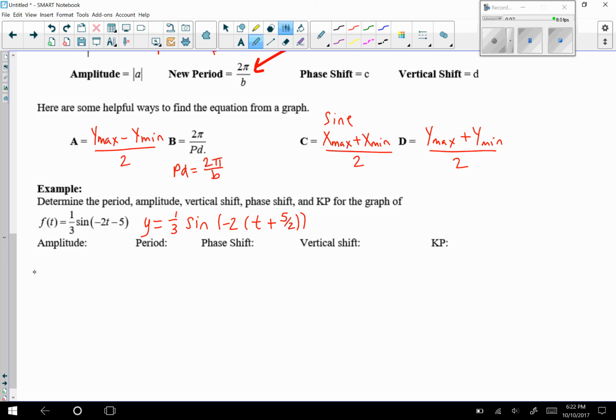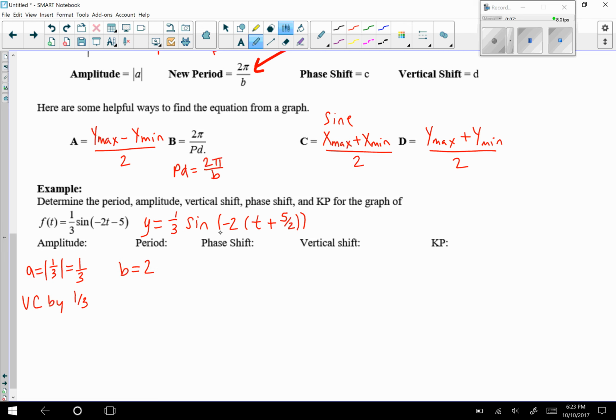So the amplitude, we know, is the absolute value of 1/3, which is just 1/3. And remember, that is a vertical compression by 1/3 on your graph, so you'd be changing all your y values. The period you have to get by looking at what your b value is. So in this case, our b value is going to be equal to 2.